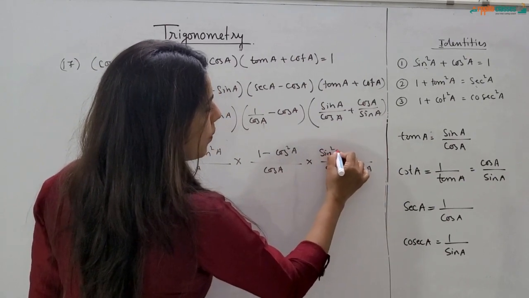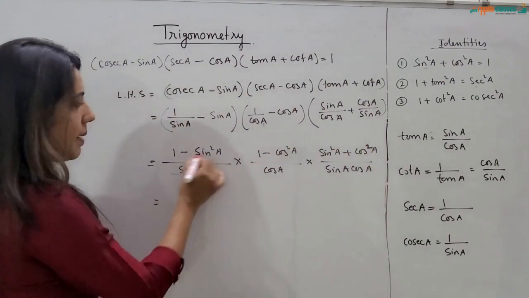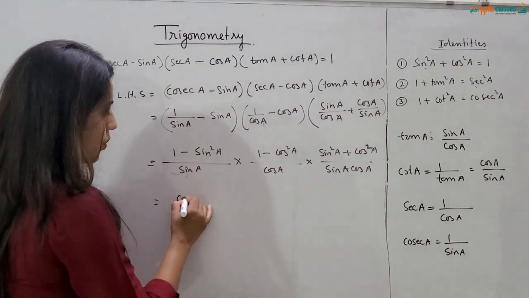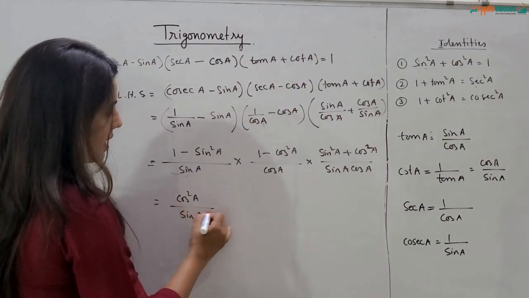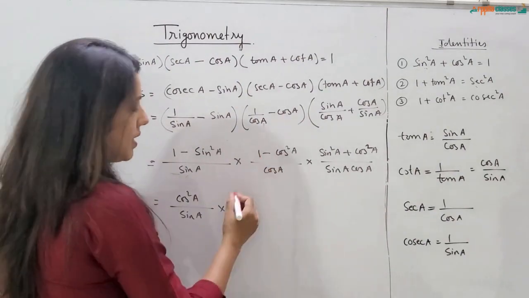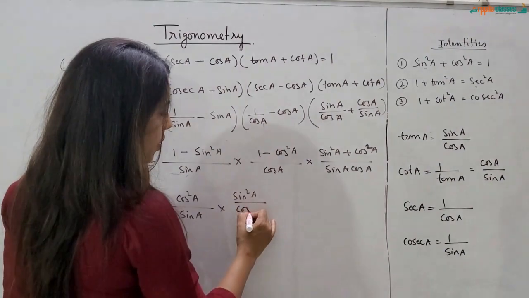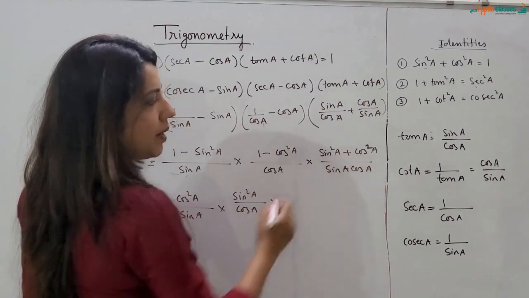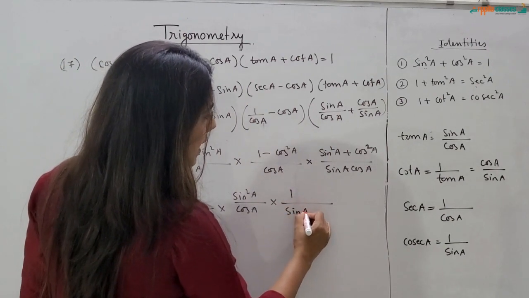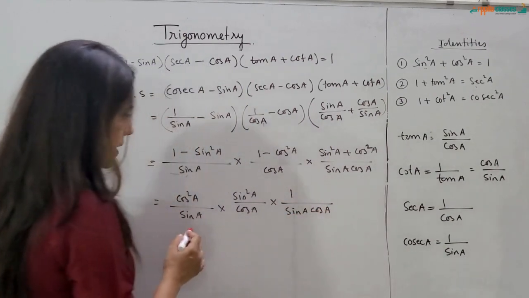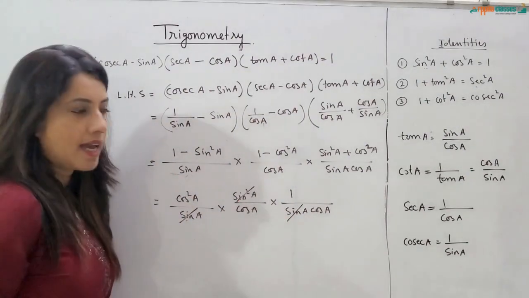So, it is sin square A plus cos square A. Now, 1 minus sin square A can be written as cos square A. It is the first identity, upon sin A. By this time you should be remembering 1 minus cos square A can be written as sin square A, again from the first identity, upon cos A, into sin square A plus cos square A is 1, again the first identity, upon sin A into cos A. Now you can see this sin A and this sin A, sin square A and this sin square A will get cancelled.